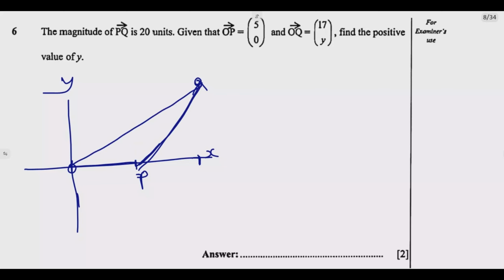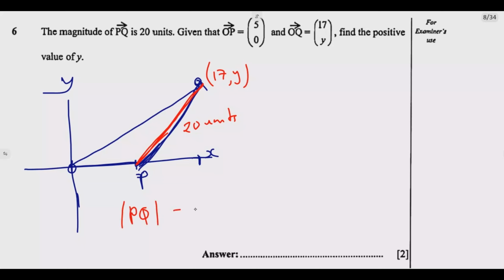Then the question is asking us to find PQ, this distance between P and Q, which is 20 units. Then we need to find this value of y. That's what it means. So to find the value of y, we use this equation for the distance.